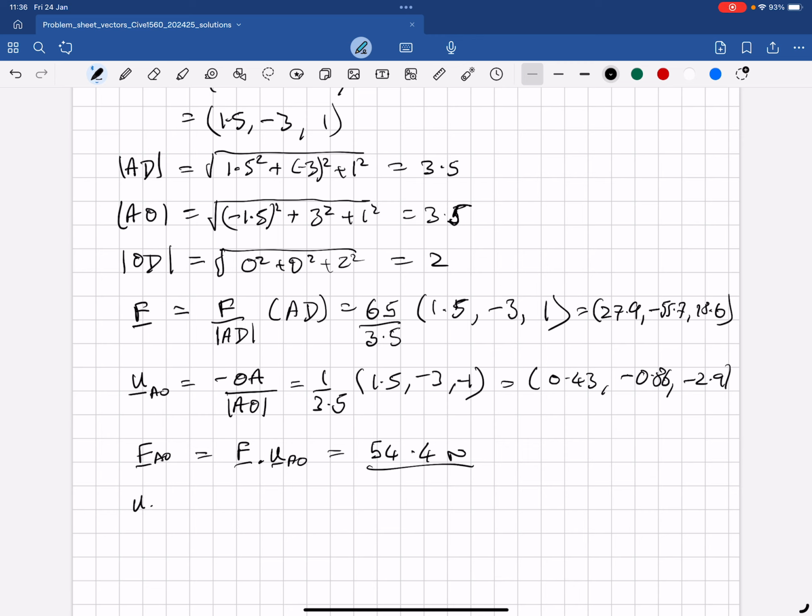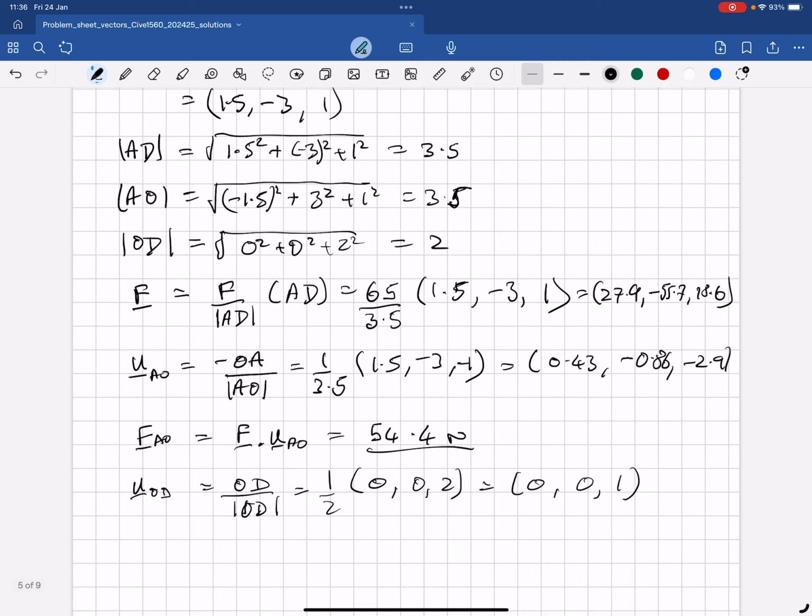There's an answer for OD. Unit vector OD is equal to OD over the magnitude of OD, which is 1 over 2 times 0, 0, 2, which equals 0, 0, 1.